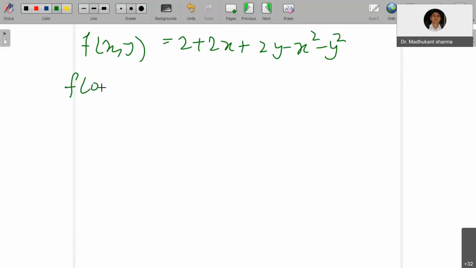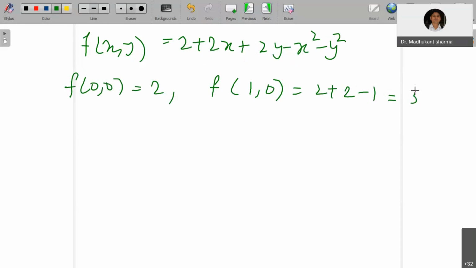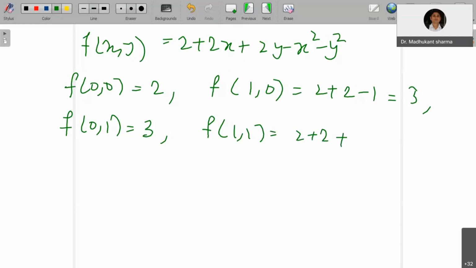So f at 0 0 is 2. f at 1 0 is 2 plus 2 minus 1, that's 4 minus 1, 3. f of 0 1 is, due to symmetry, again 3. f of 1 1 is 2 plus 2 plus 2 minus 1 minus 1, that is 4.